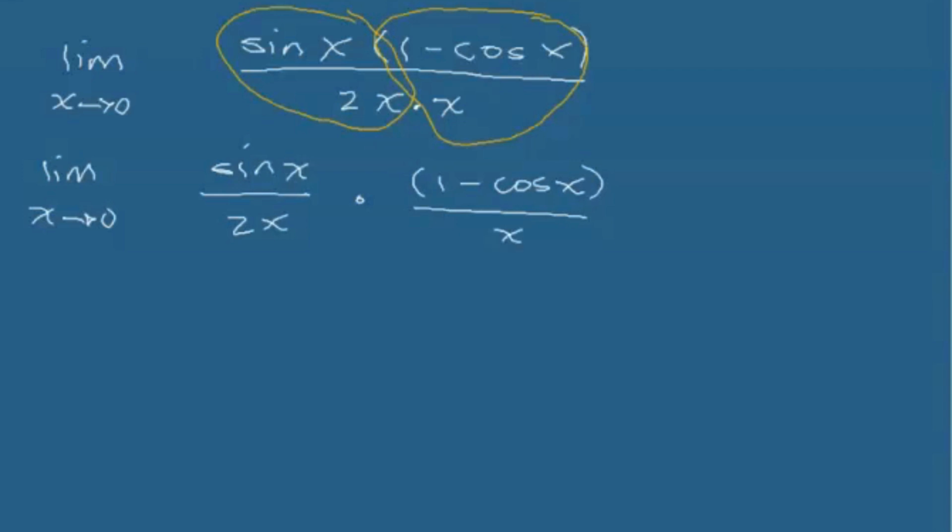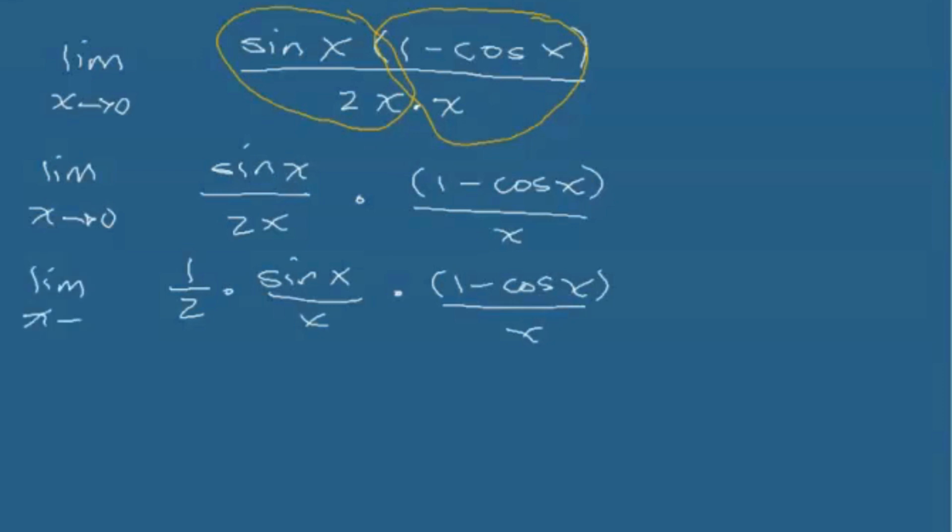Okay, so this sine x over x, we know that this is a special trigonometric limit, and then we can pull out 1/2, so we have 1/2 times sine x over x times 1 minus cosine x over x.